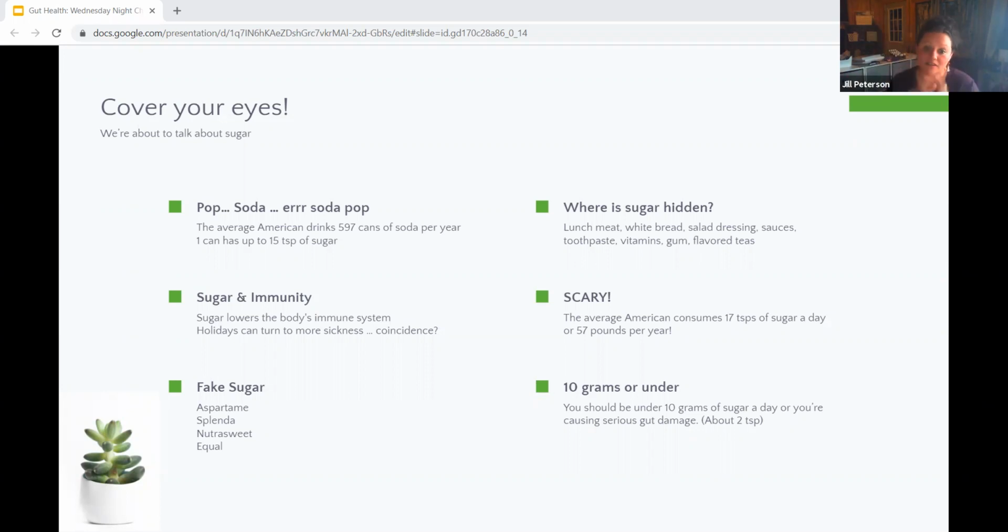So some people are obviously way more above average and consume more sugar than they should. Anything over 10 grams, not 10 teaspoons, 10 grams is going to start to cause some serious gut damage to you. And just so that you're aware, 10 grams is about 2 teaspoons. So if you think about somebody who is consuming 17 teaspoons, it's way over the max.